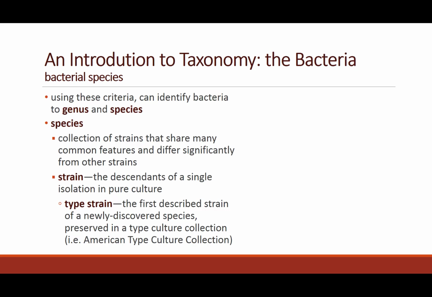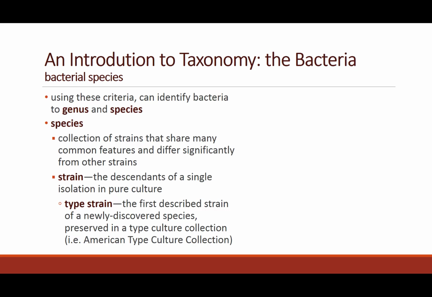All that information is collected, and then a preserved specimen of that strain is taken and preserved. So we had talked about how we preserve bacteria and then keep them in type collections, and for instance, we talked about the American Type Culture Collection.